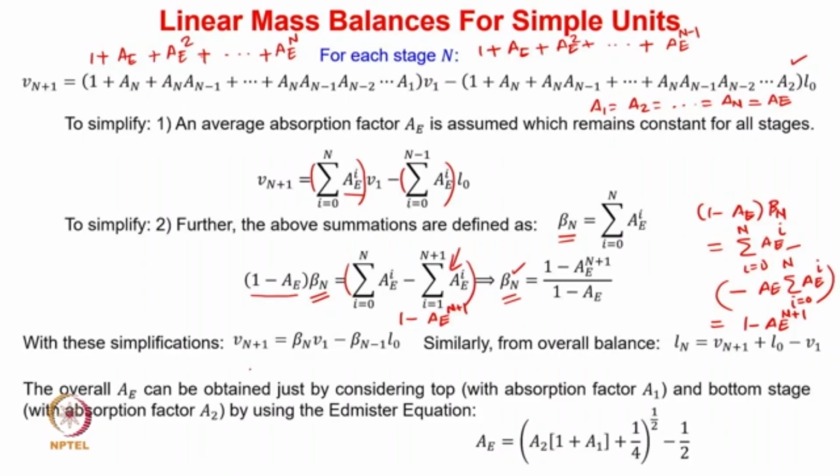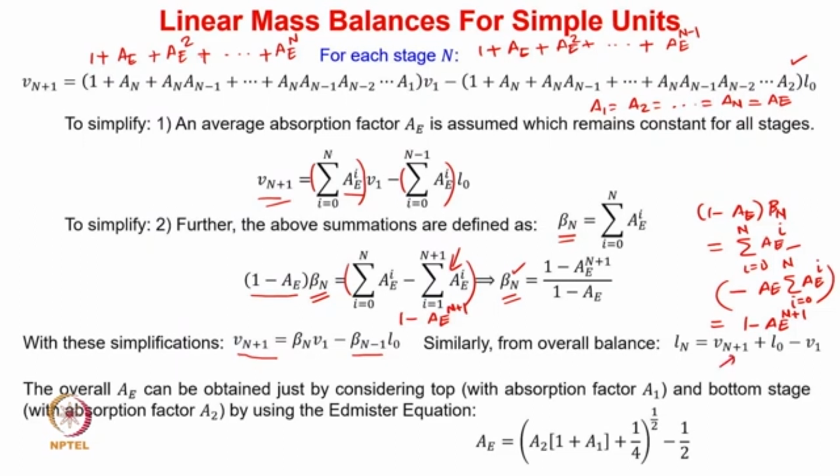So with this simplification, this equation can be written as Vn plus 1 is given as beta n V1 minus beta n minus 1. Remember, in this case it is going n minus 1, so that becomes beta n minus 1 into L naught. Also, the overall balance is what? The vapor coming into the absorption unit is Vn plus 1.